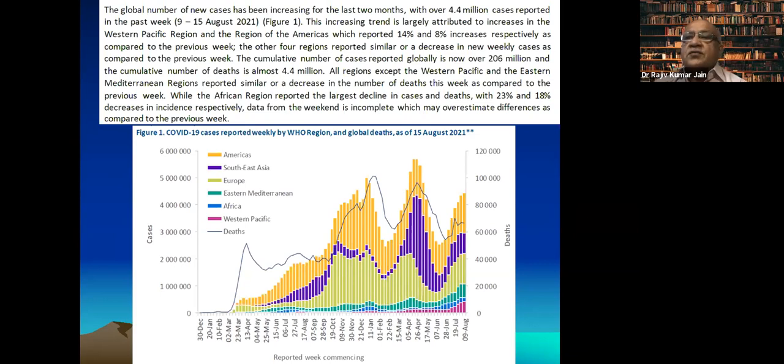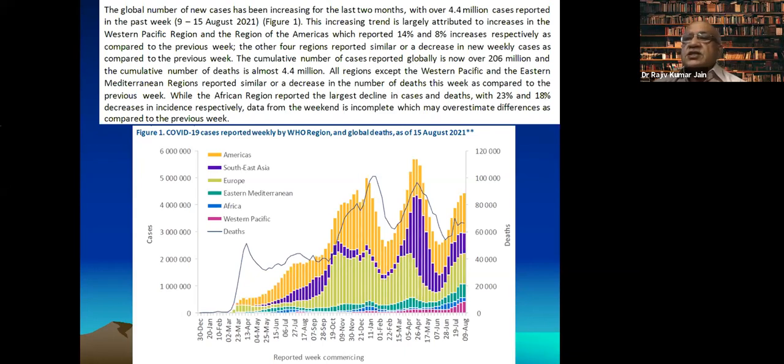The cumulative number of cases reported globally is now over 206 million, and the cumulative number of deaths is almost 4.4 million. All regions except the Western Pacific and the Eastern Mediterranean regions reported similar or a decrease in the number of deaths this week as compared to the previous week, while the African region reported the largest decline in cases and deaths, with 23% and 18% decrease in incidence respectively.